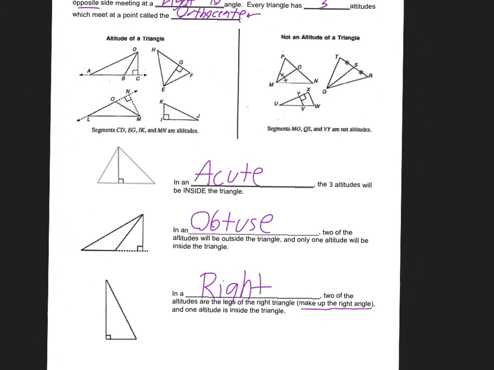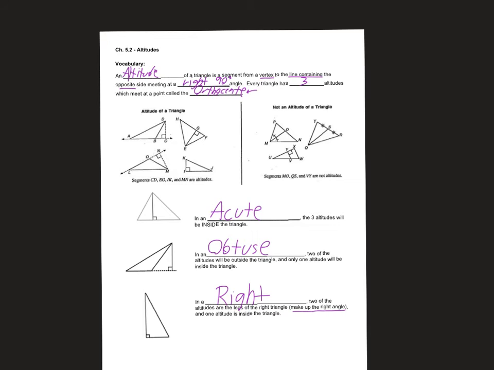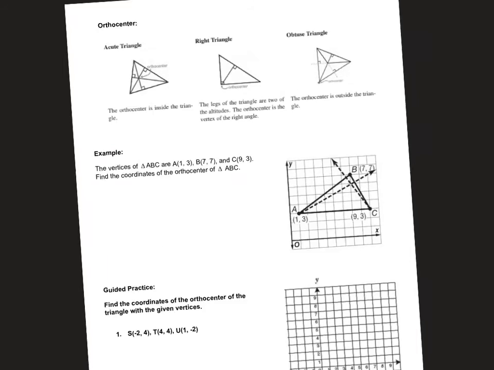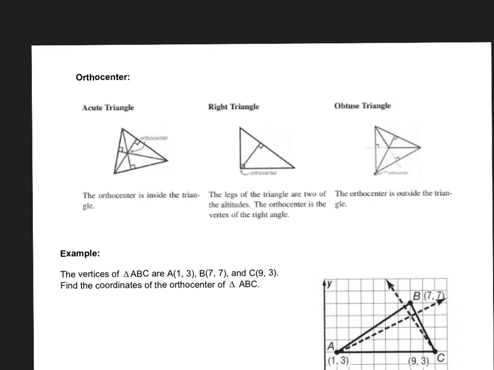All right. Now, the guided practice for this, folks, is actually going to be done in a separate video through GeoGebra, but I'll do a bit more explanation of that in a moment. So the orthocenters, folks, can exist in different places. For an acute triangle, the orthocenter will exist inside the triangle itself.